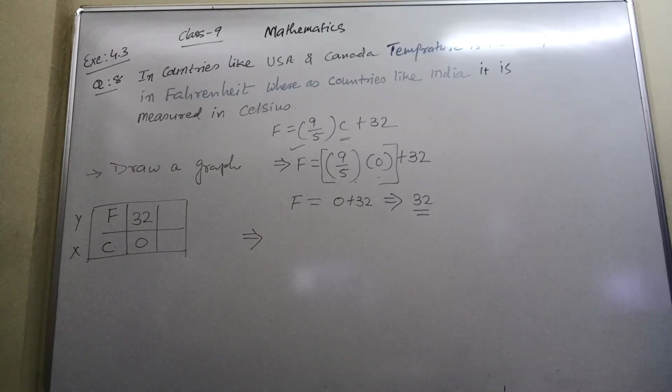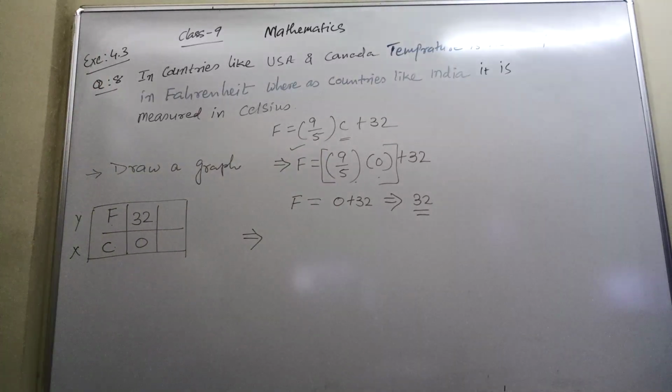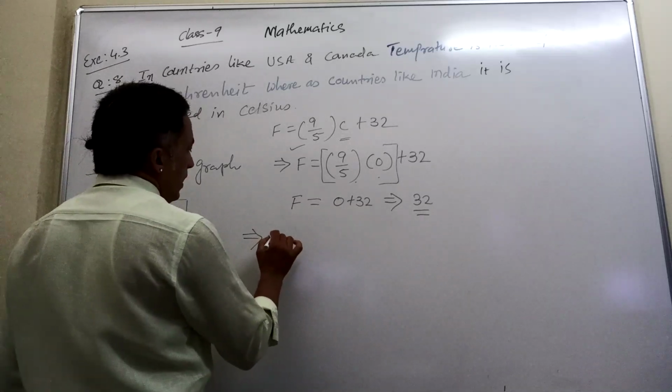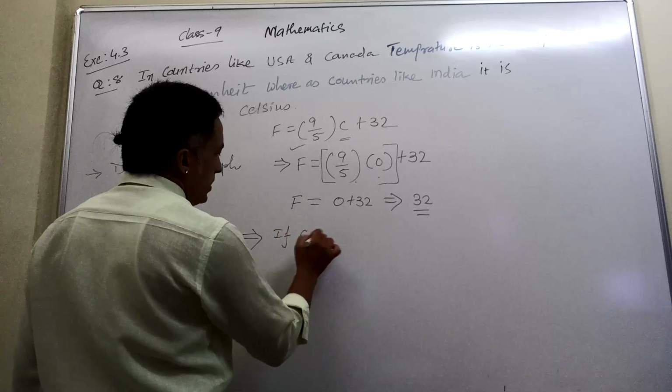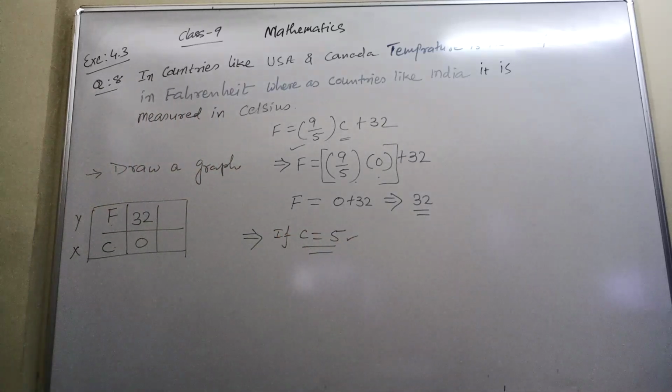So I will choose the value for C in such a way that I can divide it by 5. And of course, for that I need to take the value for C as a multiple of 5. So now I am taking C equal to 5, which is a multiple of 5.